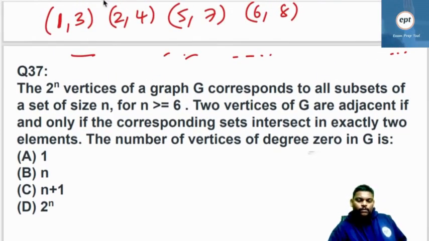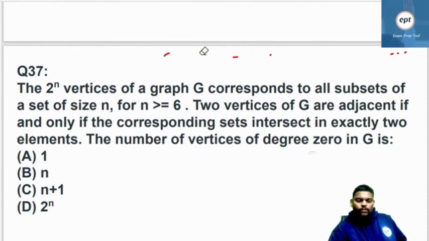Yeah, so I will do this. Now see. This graph contains 2 power n vertices, but every vertex name is a subset of n.